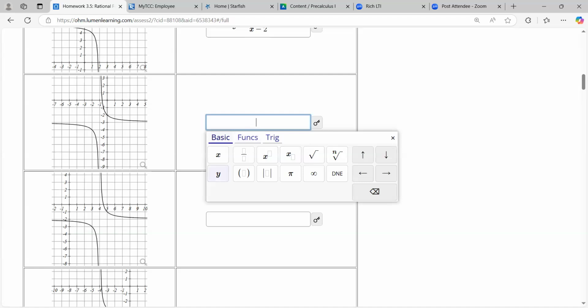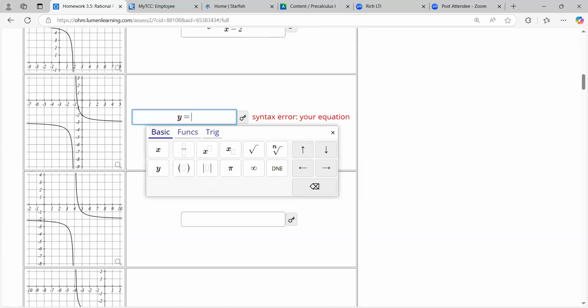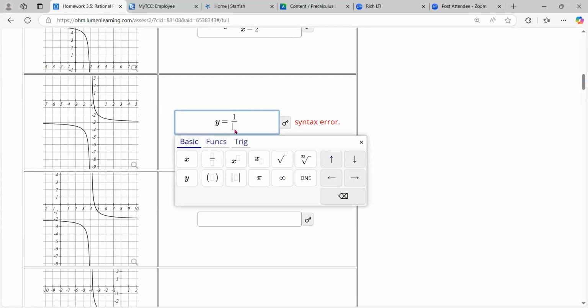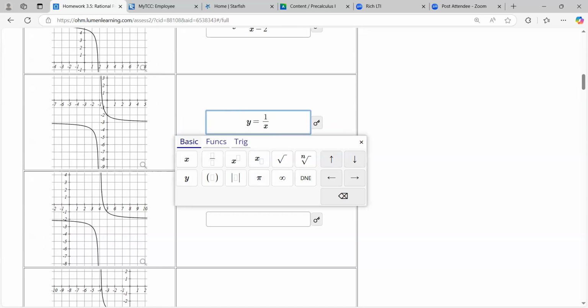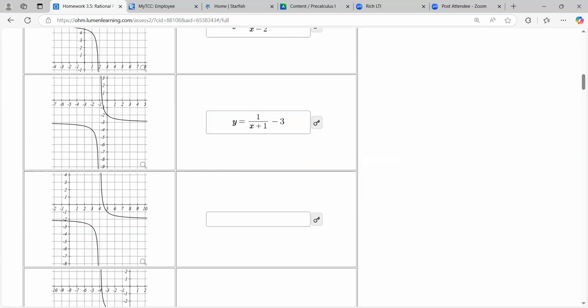Then we have y equals, on your scratch paper, you should write it down. Since you move the graph to the left 1 unit, you add 1 to x. Since you shift downwards 3 units, you add a -3 to the function. All right, let me know if it's clear.